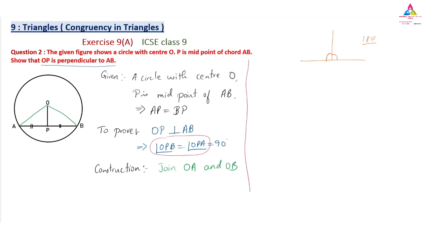If they are equal, divided by 2, that is 90 each. So we can prove it is 90 if we prove that OPA and OPB are equal.